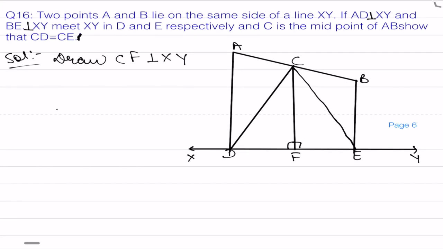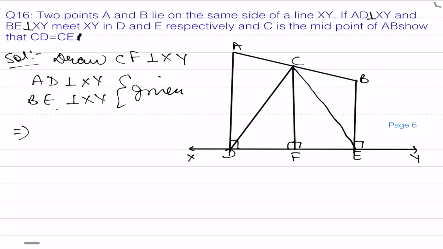Now if CF is perpendicular to XY, the rest we can see AD is also perpendicular to XY, BE is also perpendicular to XY, as it is given in the question. That means all the 3 lines are perpendicular, so their corresponding angles are equal. When corresponding angles are equal, all the 3 lines will be parallel.